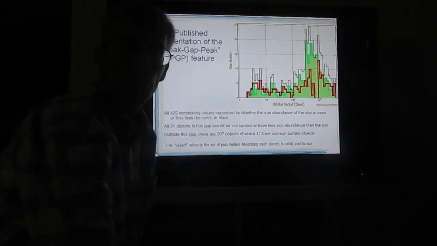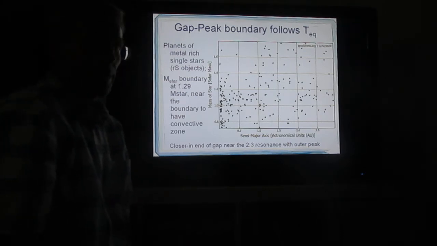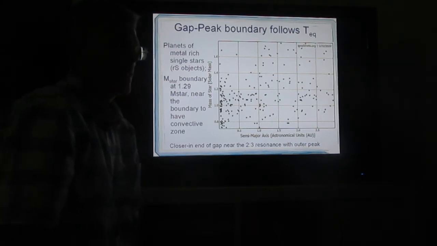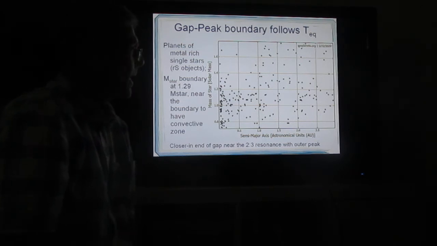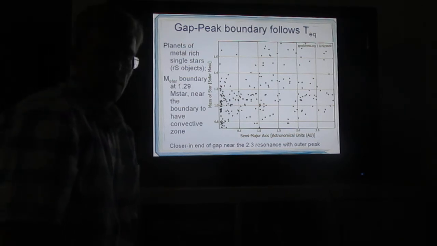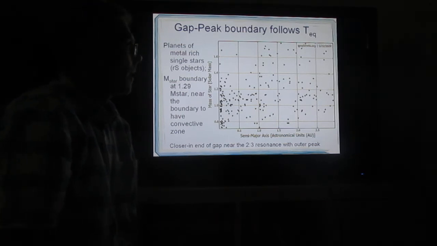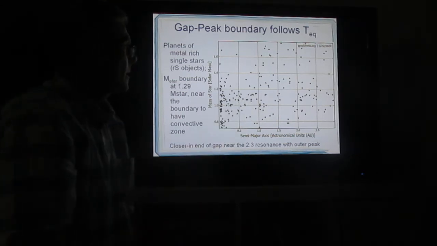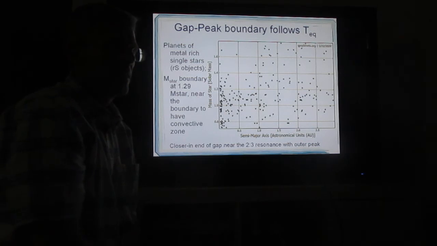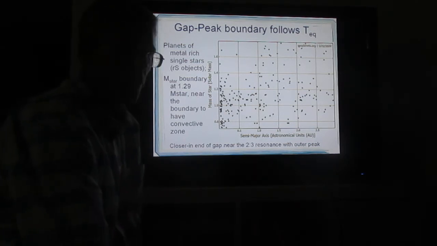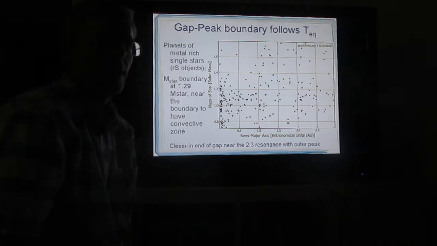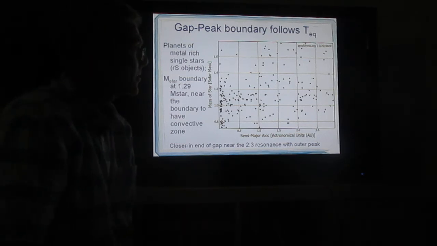This year, rather than plot by period, I learned that if you plot the stellar mass versus semi-major axis, there's a dependence on the mass of the star, a dependence on the stellar mass squared.